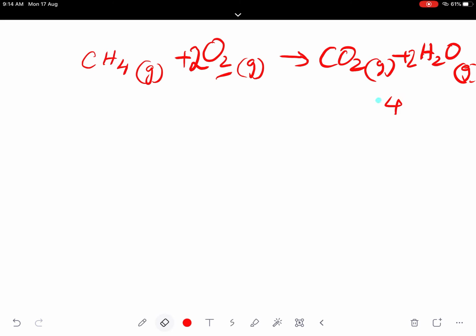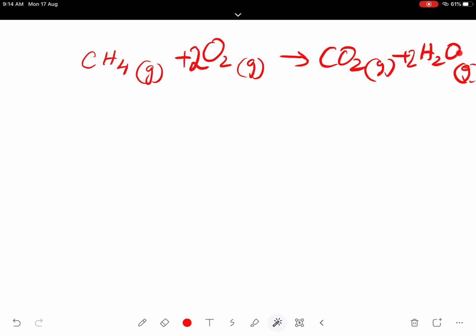Once again you check whether all atoms are balanced or not. Now here 1 carbon, 1 carbon. 4 hydrogens here, and 2 into 2, 4 hydrogens. 2 into 2, 4 oxygens, and here 2 plus this 2.